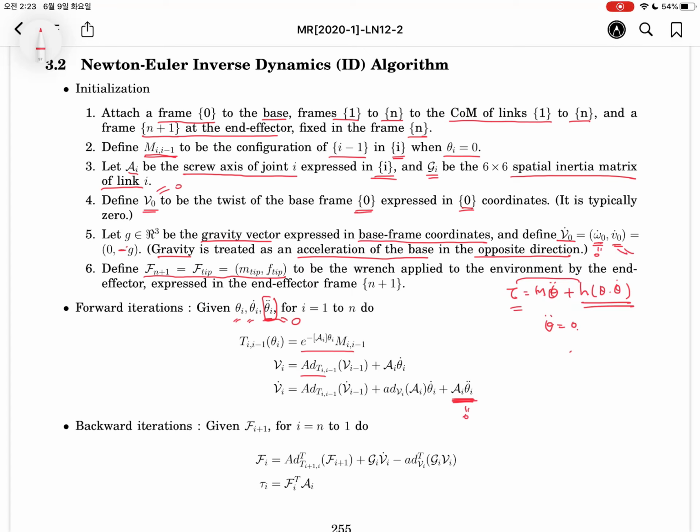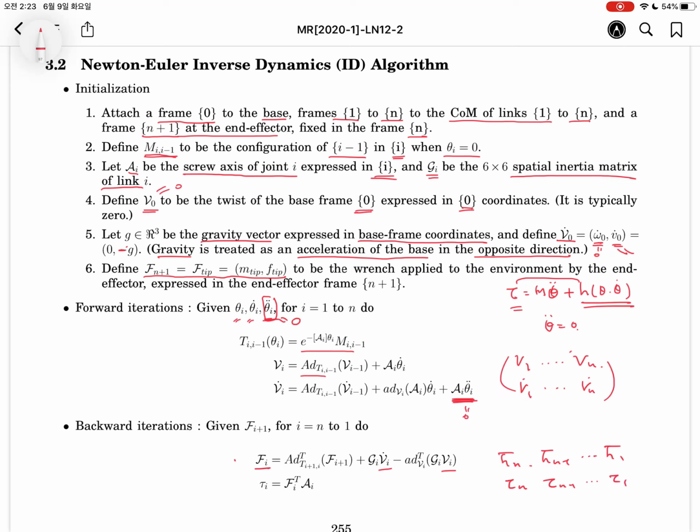Then, through these stages, we can determine V1 through Vn, V1 dot through Vn dot. These kinematic parameters will be applied to the backward iteration. Here we apply the backward F_i, so Fn, Fn-1 through F1 will be obtained. By multiplying by A_i, we can determine tau n, tau n-1, and tau 1.